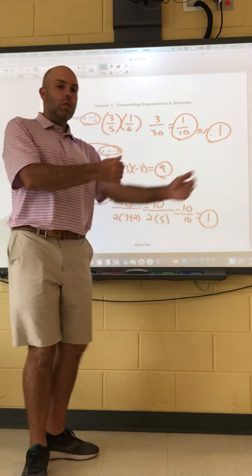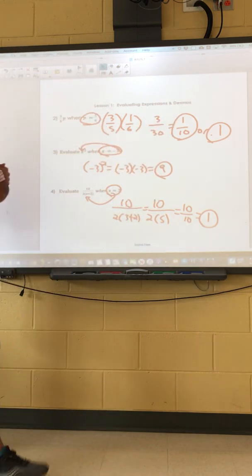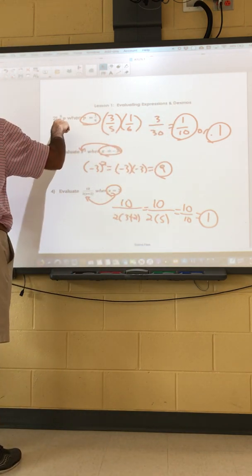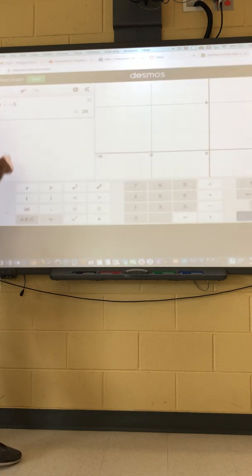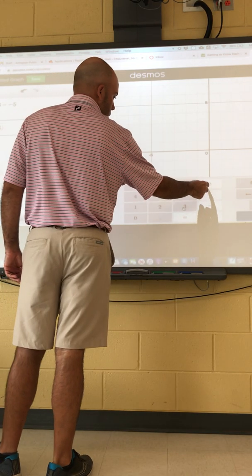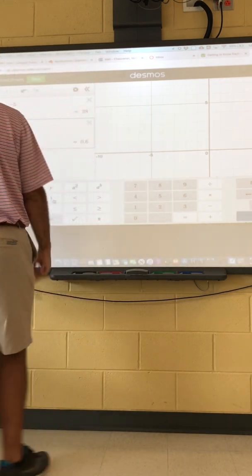So that's going to be my solution. Okay, so now we're going to just show that we can get these same solutions via Desmos. Okay, so with that being said, I see I have 3/5 times 1/6. So I'm going to do my 3/5 in here. So I go down into this next line. I'm going to use my parentheses, and I'm going to do 3 divided by 5, and then I'm going to close my parenthesis.